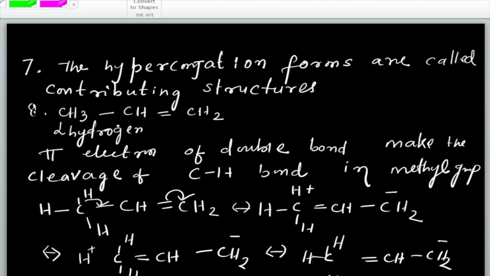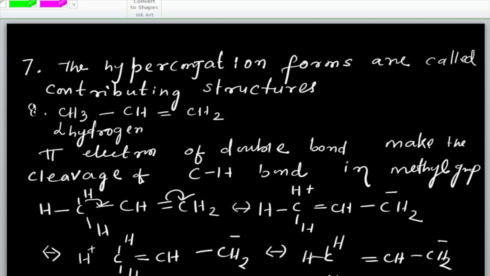How will it cleave? See here, the cleavage of the CH bond in the methyl group. That means in the methyl group there are 3 alpha hydrogens. Only due to the presence of the unsaturated system, the pi electron of the double bond, the CH bond breaks, 3 times, because there are 3 alpha hydrogens.